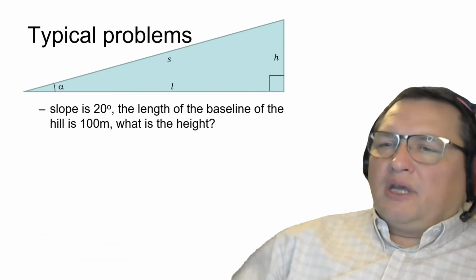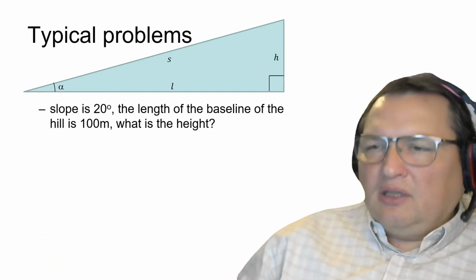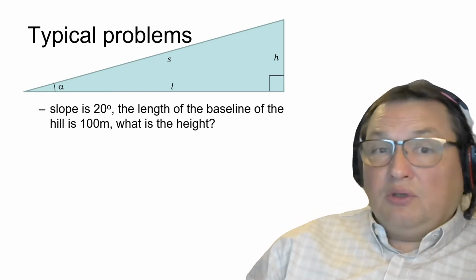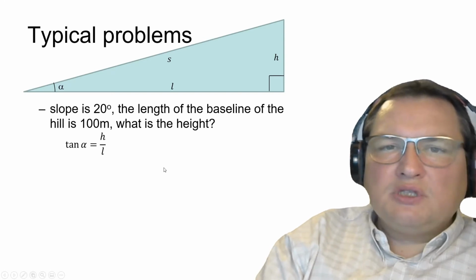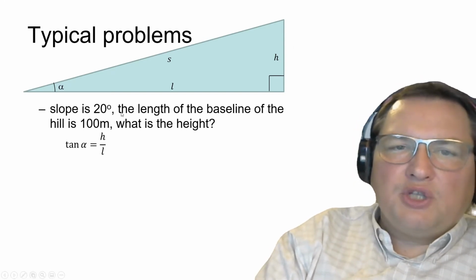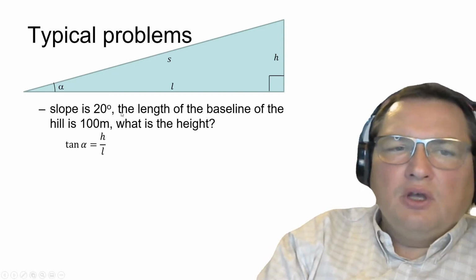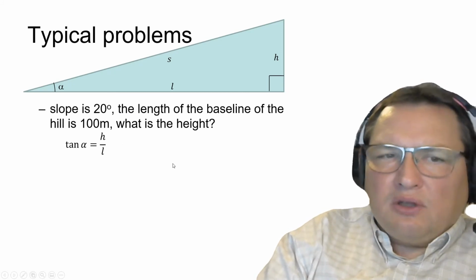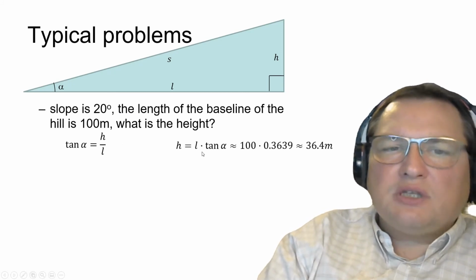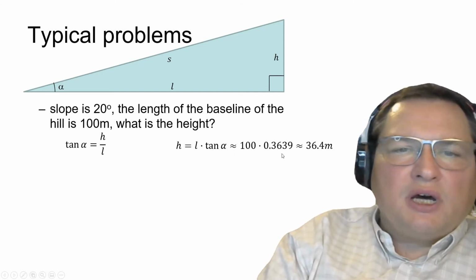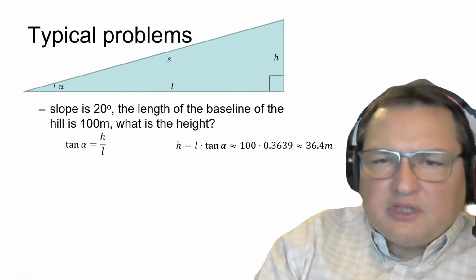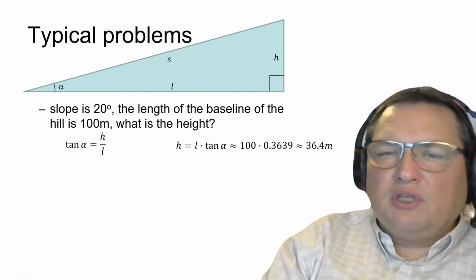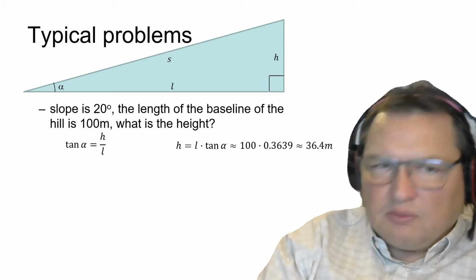It's a pre-recorded lecture, so I can't hear any answers, but I hope that you answered tangent alpha, which is opposite over adjacent, so h over L. From this formula, we can find that h is L multiplied by tangent alpha. L is 100, tangent alpha is 0.36 something. The result is slightly more than 36 meters.